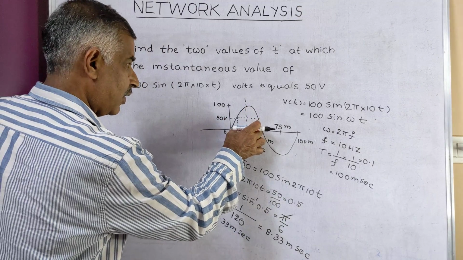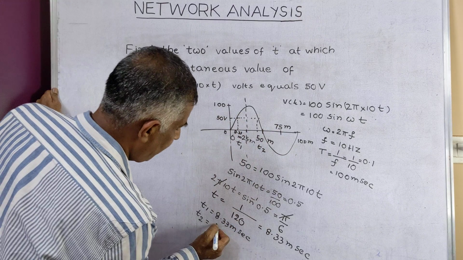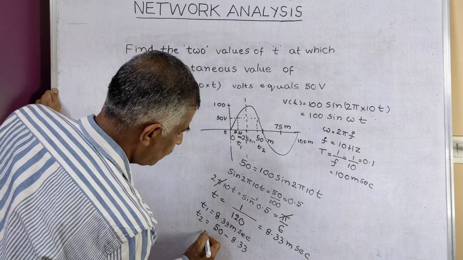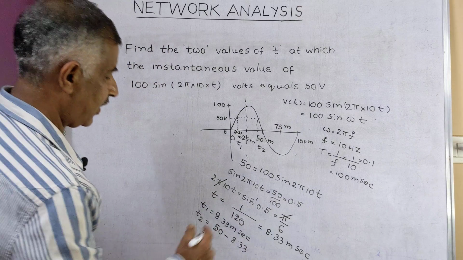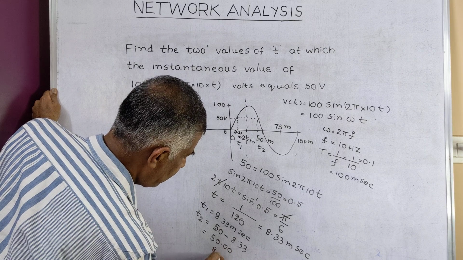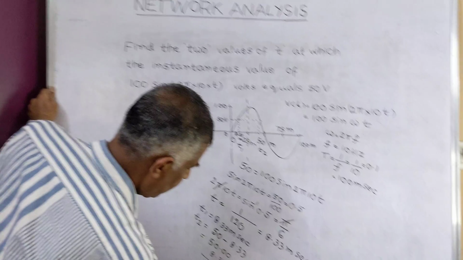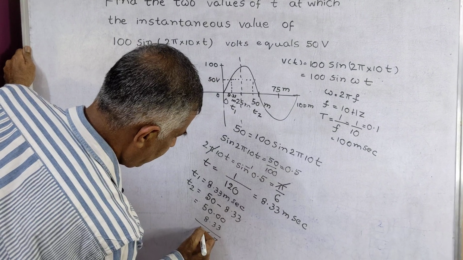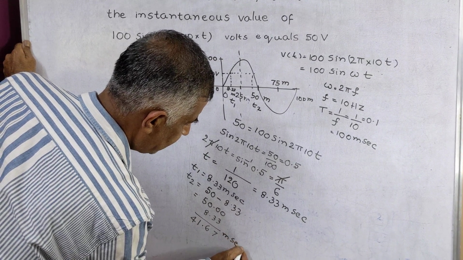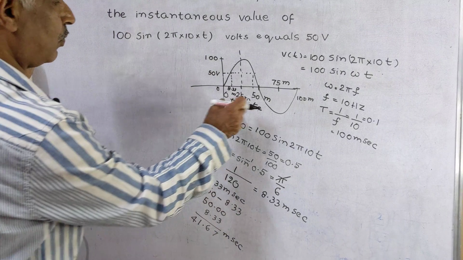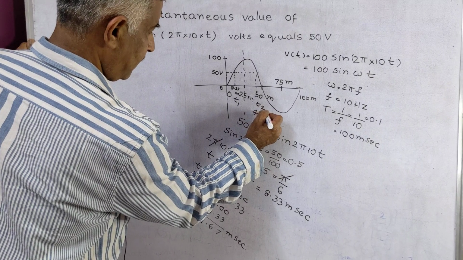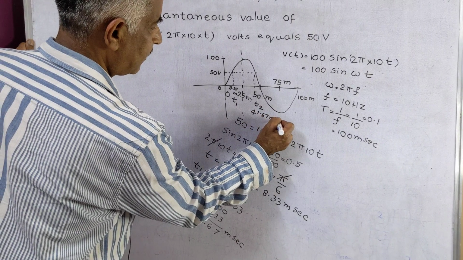You can get that by subtracting 8.33 from 50, that is 50 minus 8.33, which is 41.67 milliseconds. So the other value t2 is 41.67 milliseconds.